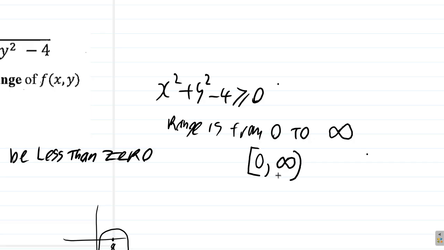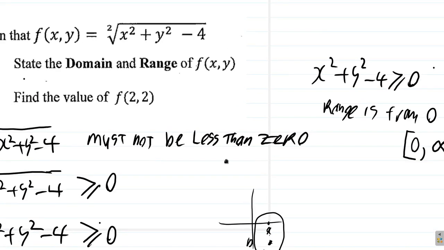If you remember your interval notation, you can put it that way: 0, comma, infinity. So that's the range.